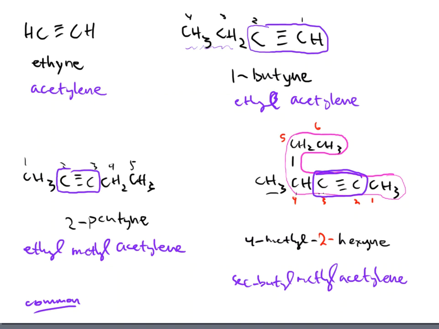So, guys, I know that this might seem like a lot of information in the beginning, but this is a rehash of everything that we've already learned about. The difference is that it's applied to a triple bond and not a double and not a single. Even when it comes to the reactions later on in this module, it's a rehash.